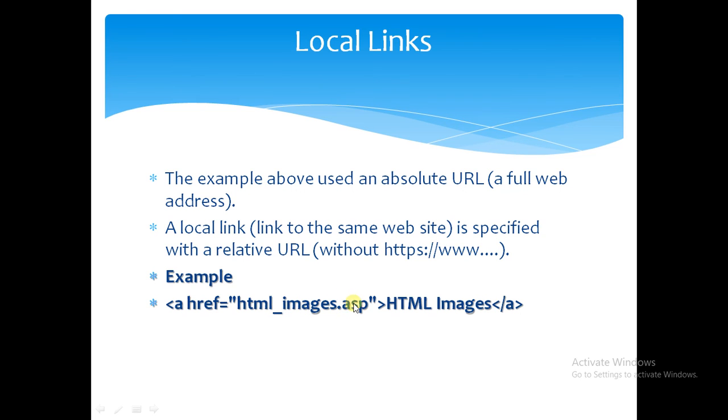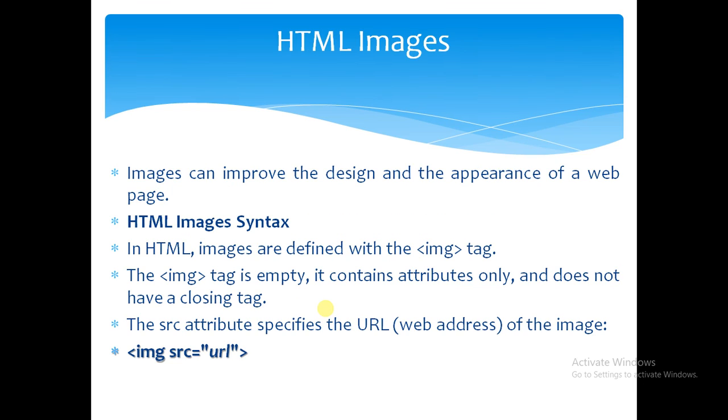This is a file with the extension ASP, and this is the text HTML images. Whenever we click on HTML images, we switch to the ASP page. This is the local link.